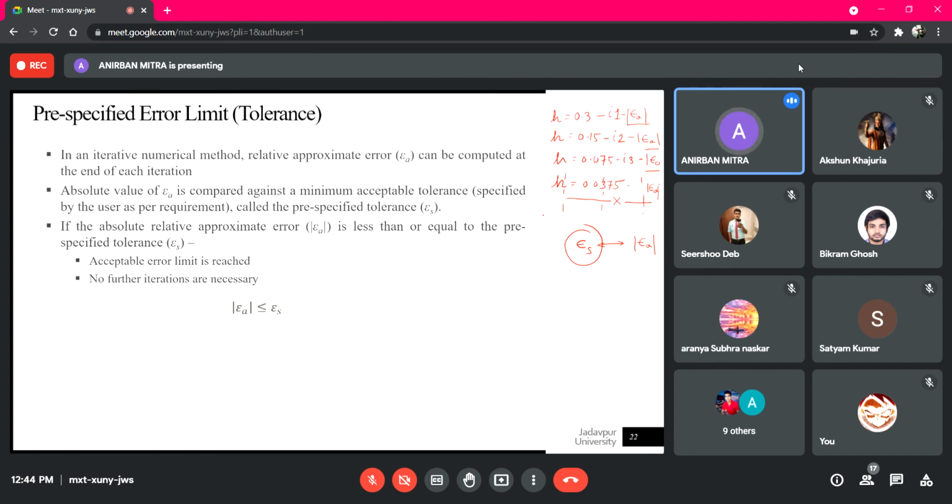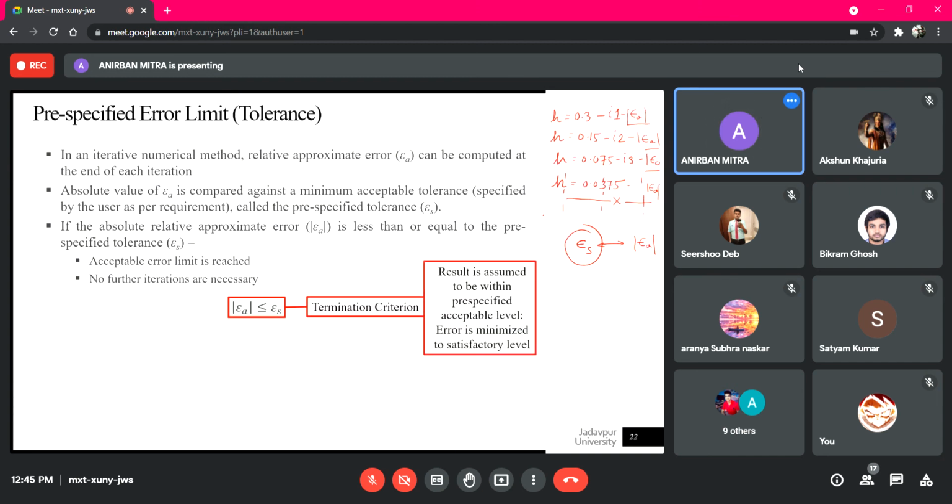So this is the expression through which we control the amount of error in the iterative numerical method. This is going to be quite important in our course, and we will use it quite a few times in future. As I said, it is known as the termination criterion, and the result is assumed to be within the prescribed acceptable level once it is reached. It simply indicates that the error is minimized to a satisfactory level.